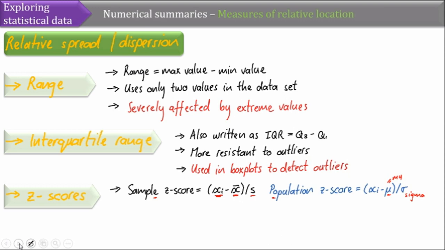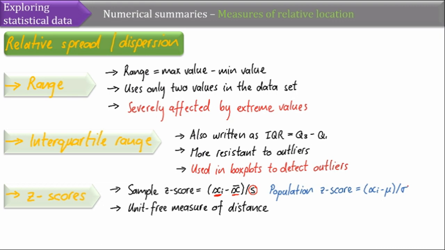Now, the nice thing about a z-score is that it is a unit-free measure of distance. In other words, it's not affected by whatever units you are using in your dataset, whether it's kilometers or meters or whatever the case is. Now, if we look at the calculation itself, we're taking the distance between a value and the mean of the dataset, and we're dividing it by the standard deviation.